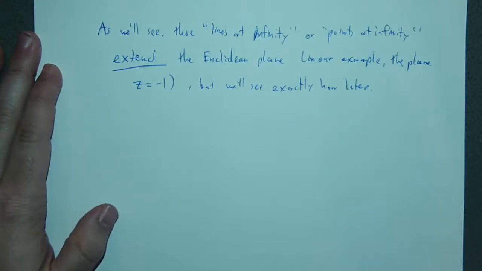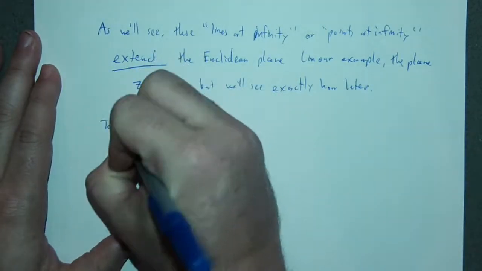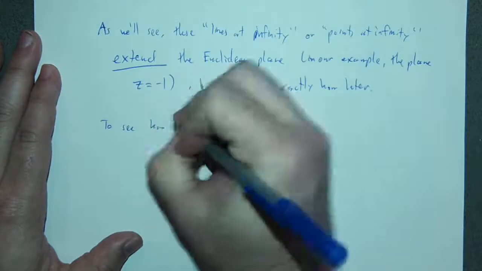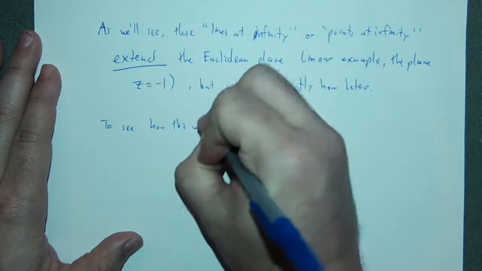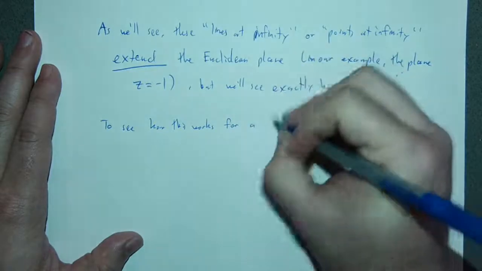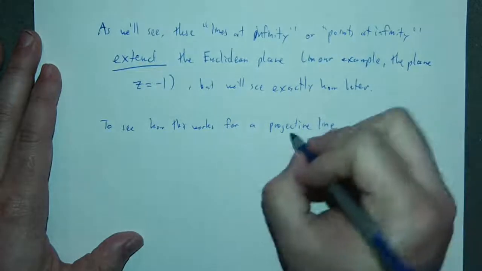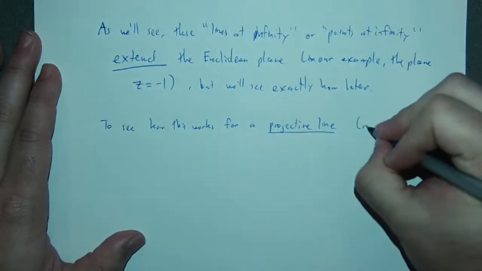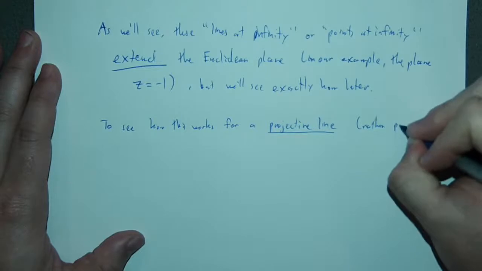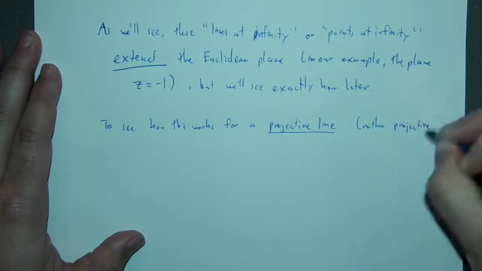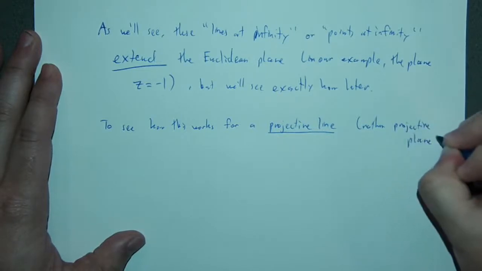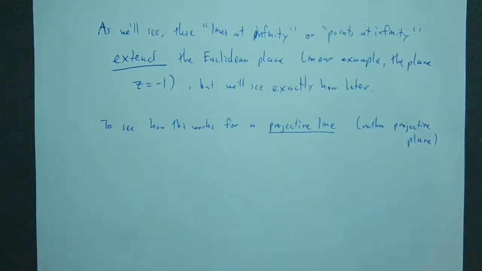So to see how this works for a projective line, what do we mean when we say projective line rather than projective plane? To see how this works for a projective line, we want to ask ourselves the question.